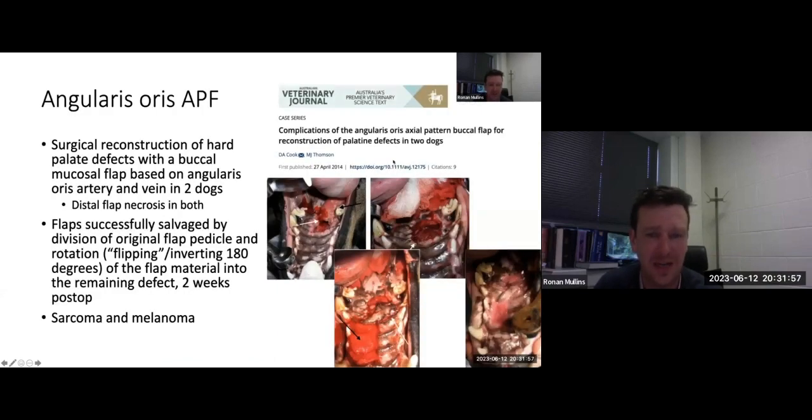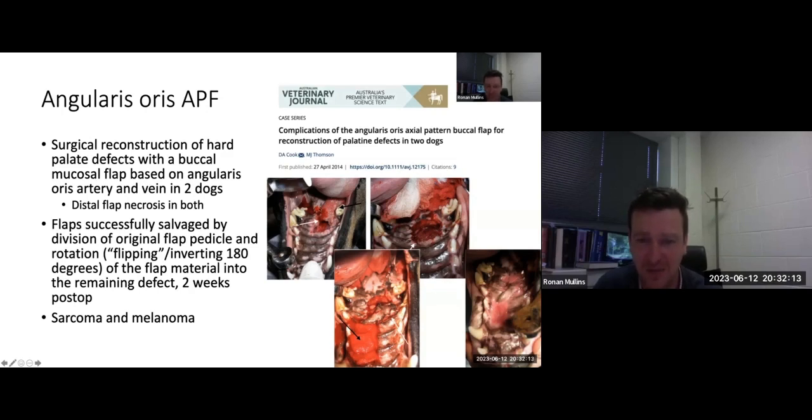This is another one, again, just use of this angularis oris buccal flap for reconstruction of palatal defects. In this case report, they're just showing how they dealt with complications associated with this flap.